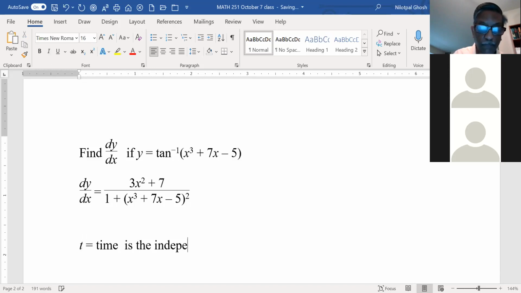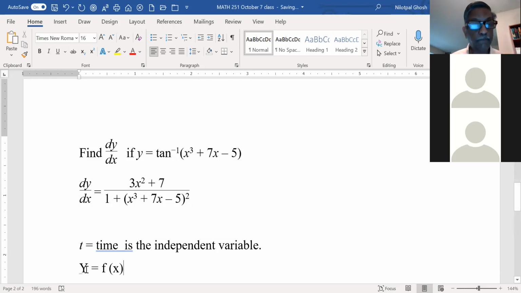And suppose we have several variables which are dependent on t, that means changing with respect to time. Let's say x, y, z, etc. And suppose y equals f of x, some function.